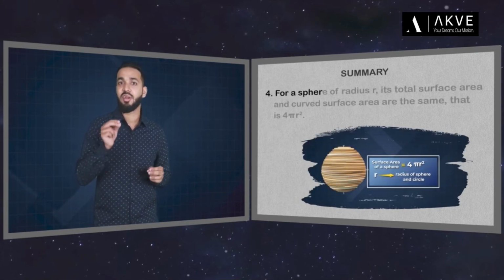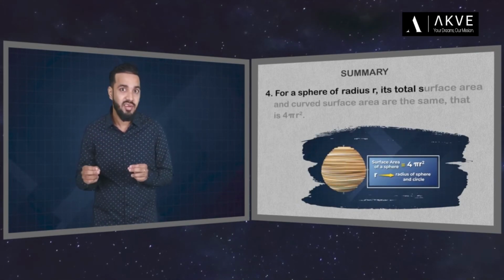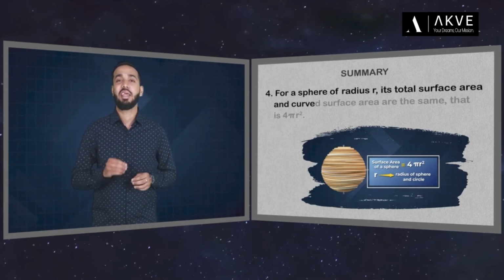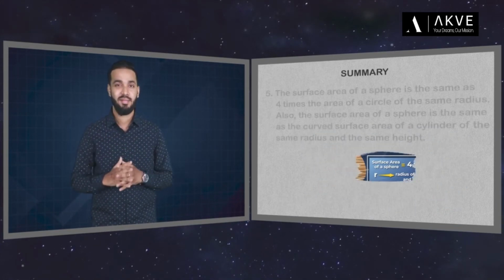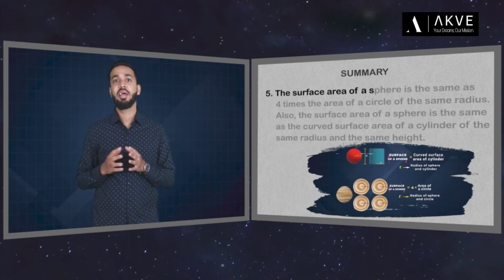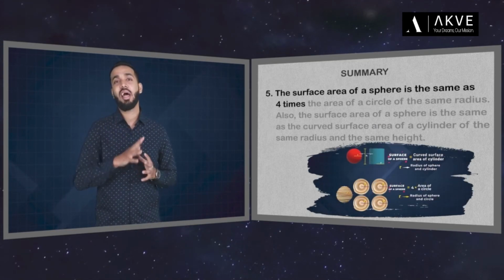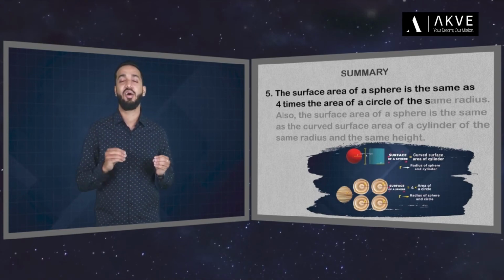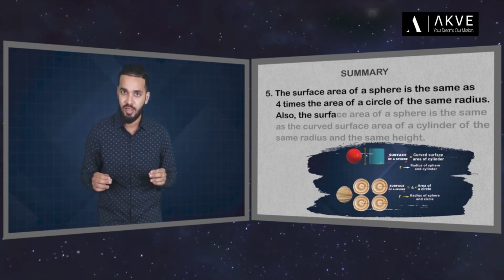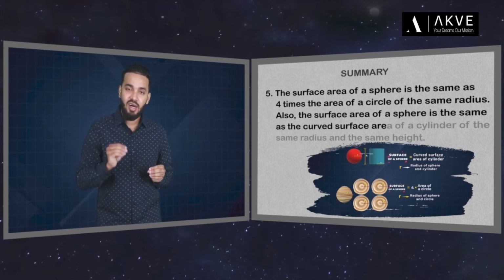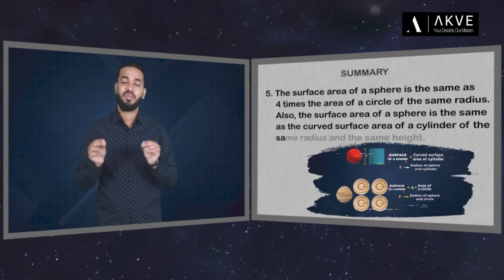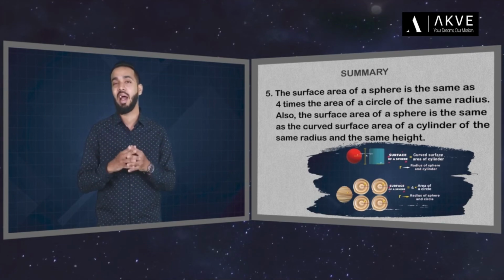For a sphere of radius r, its total surface area and curved surface area are the same, that is 4 pi r squared. The surface area of a sphere is the same as 4 times the area of a circle of the same radius. Also, the surface area of a sphere is the same as the curved surface area of a cylinder of the same radius and the same height.